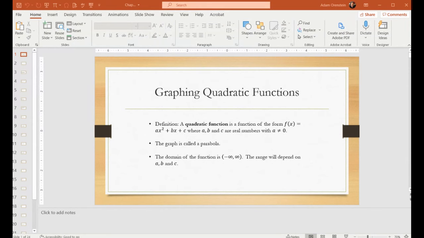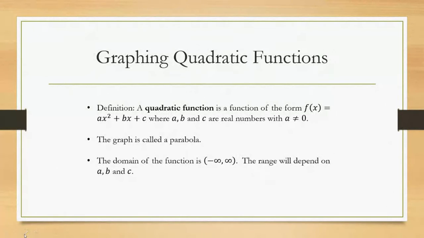Okay, so here, what we're going to see first in chapter 3 is how to graph quadratic functions. Remember, what is a quadratic function? Well, that's a function of this form. f is the function, but you can really call it f, g, whatever.